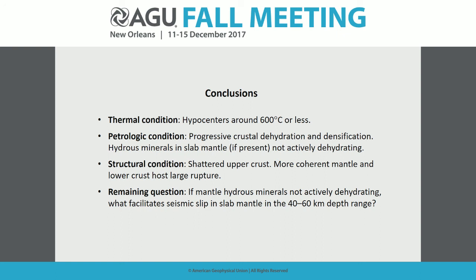The structural condition: the upper crust is expected to be shattered, while the more coherent mantle part and lower crust can host very large ruptures. The remaining question is, if mantle hydrous minerals are not actively dehydrating, what facilitates seismic slip in the slab mantle in this depth range? Thank you.